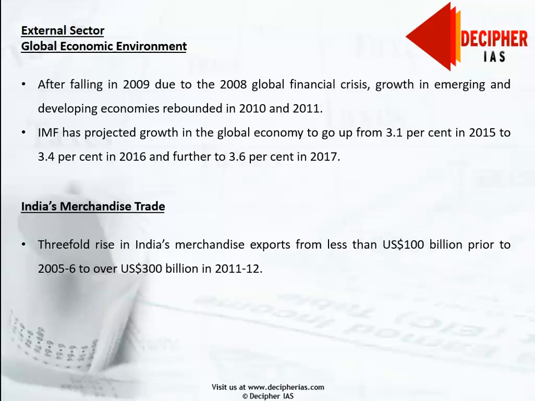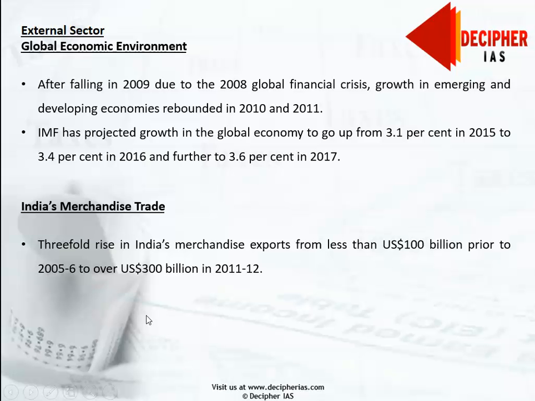The rapid and over threefold rise in India's mercantile export from around $100 billion prior to 2005-6 to over $300 billion US dollars in 2011-12. So we can see a threefold increase in our mercantile export from the period 2005-6.